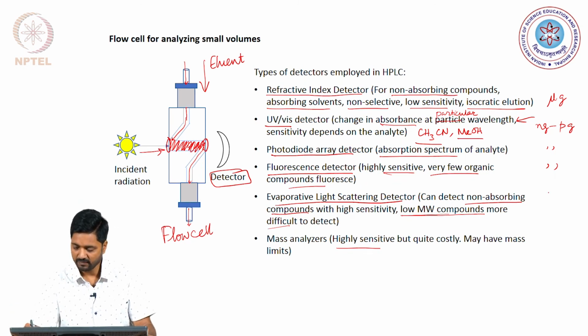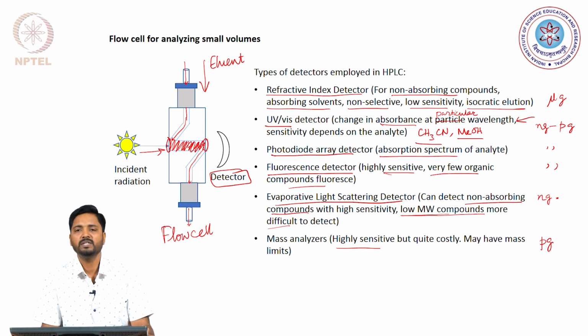The evaporative light scattering detector again will have a wide range, in a similar manner, in the few nanogram regime. The mass analyzers can definitely go up to picogram level of detection.